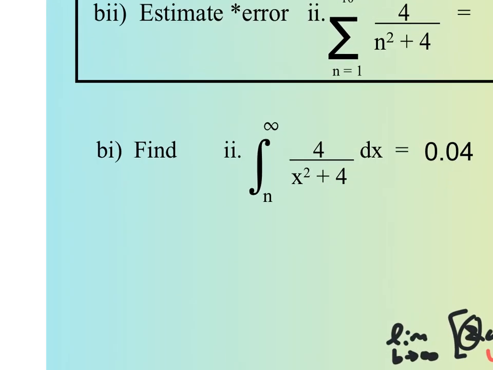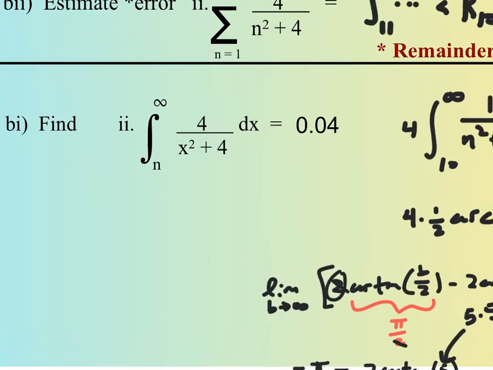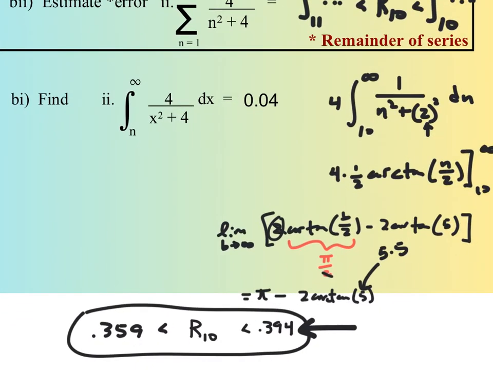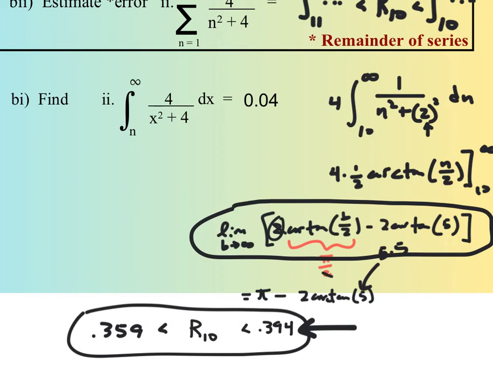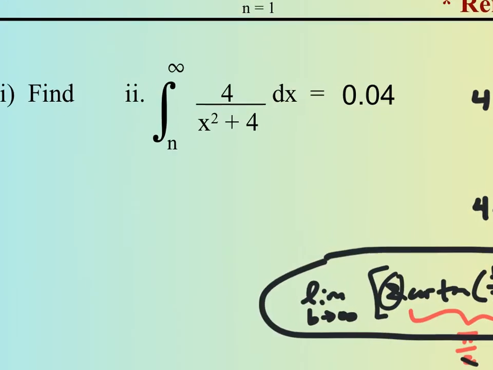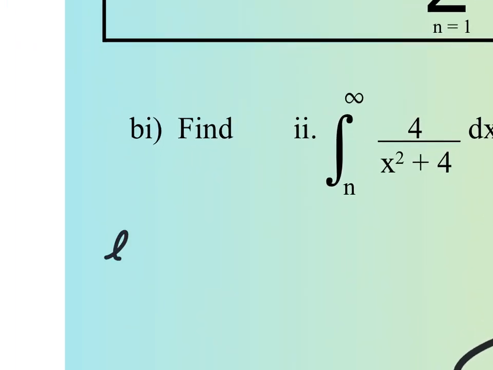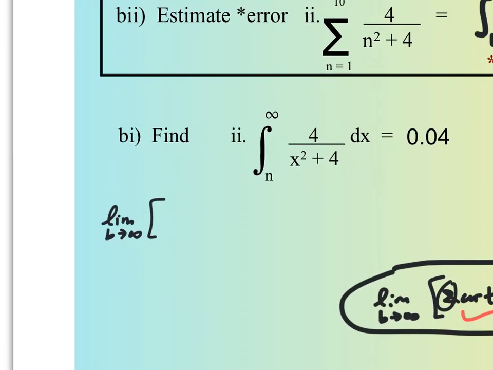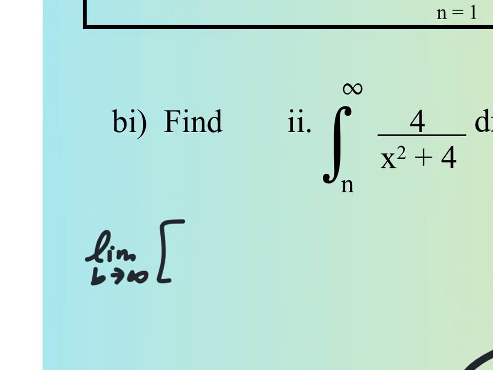So I could just take this template of what I've gotten down here, and instead of inputting 10, I'm going to input an n. So I'd have the limit as b goes to infinity of 2 arctan of b over 2.